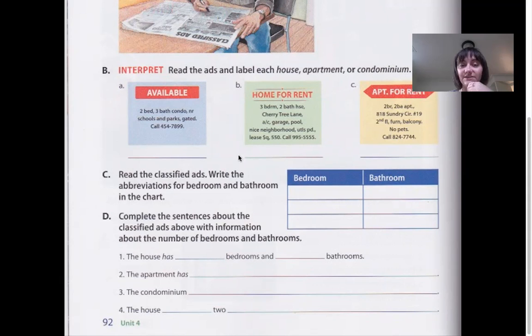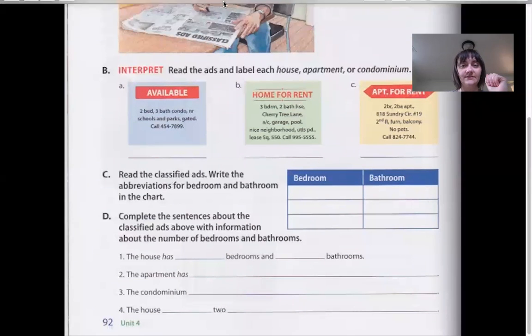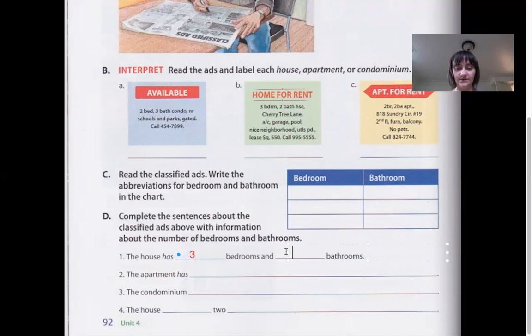So the house, this middle one, has 3 bedrooms. So we would say the house has 3 bedrooms and 2 bathrooms.